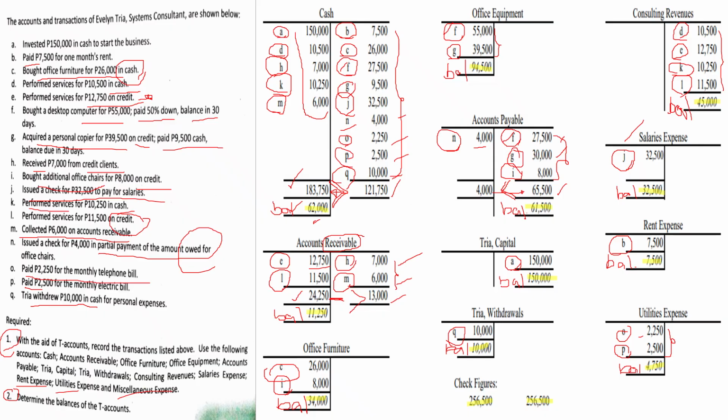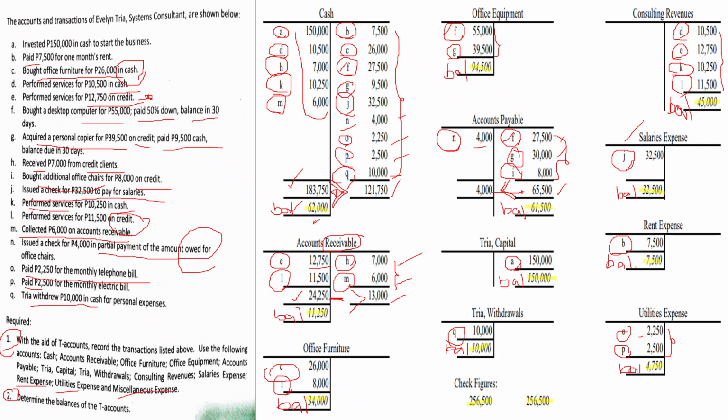Now notice that for utilities, rent, and salaries expenses, and withdrawals, they normally have debits only.